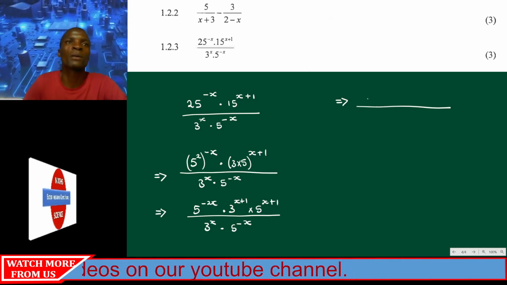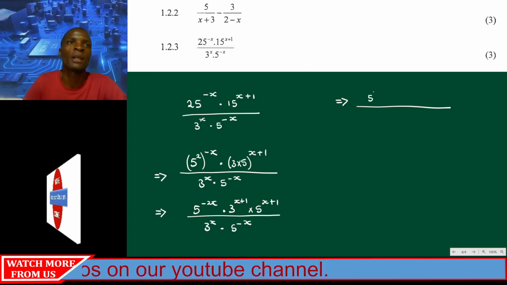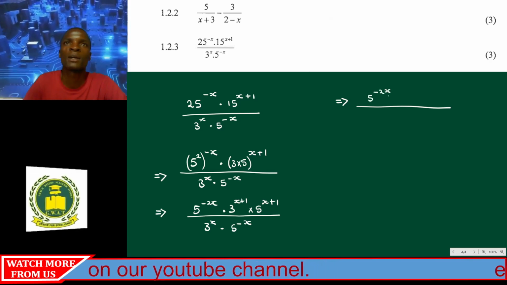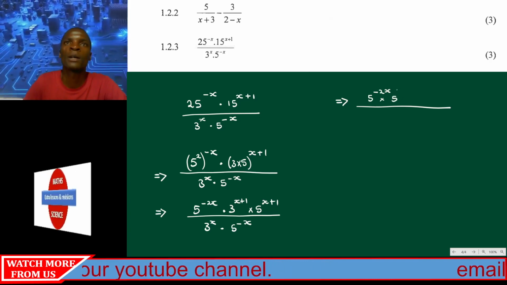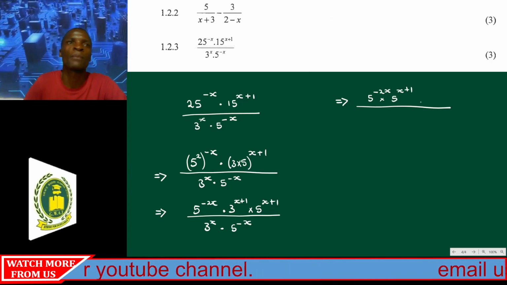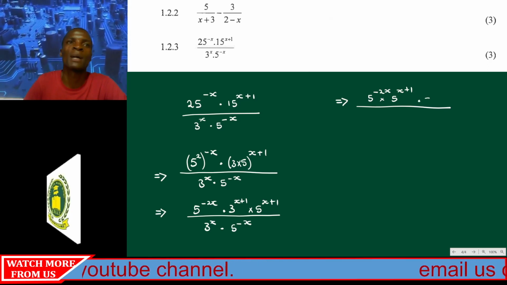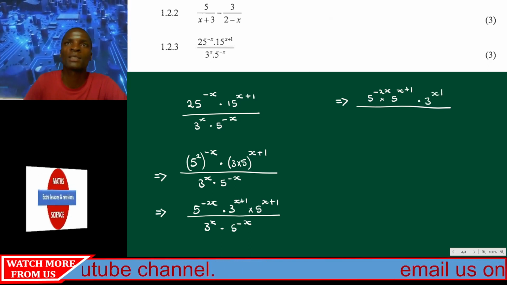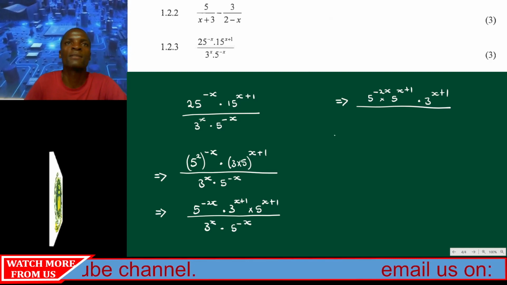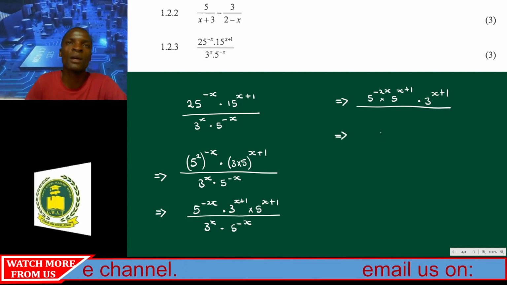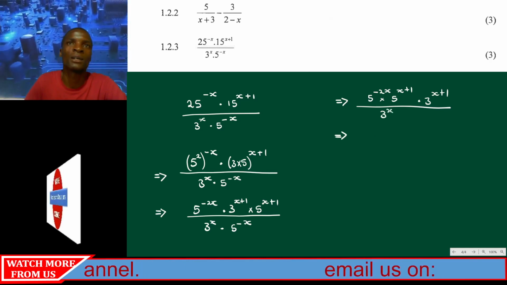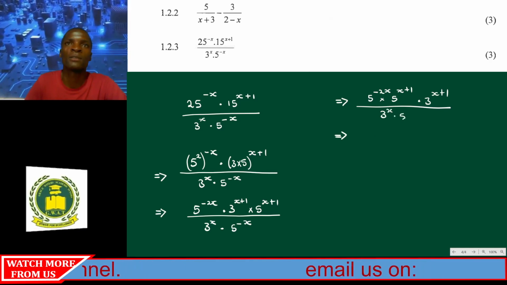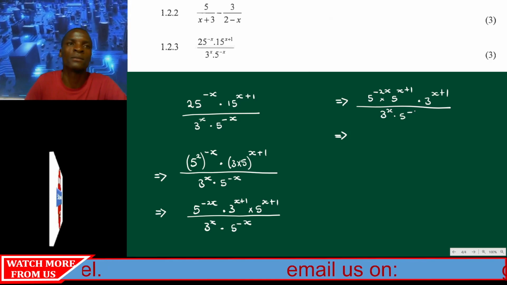So we are going to have 5 to the power of negative 2x multiplying 5 to the power of x plus 1, and then all this multiplied by 3 to the power of x plus 1. The denominator remains the same, don't forget it: 3 to the power x dot 5 to the power negative x.